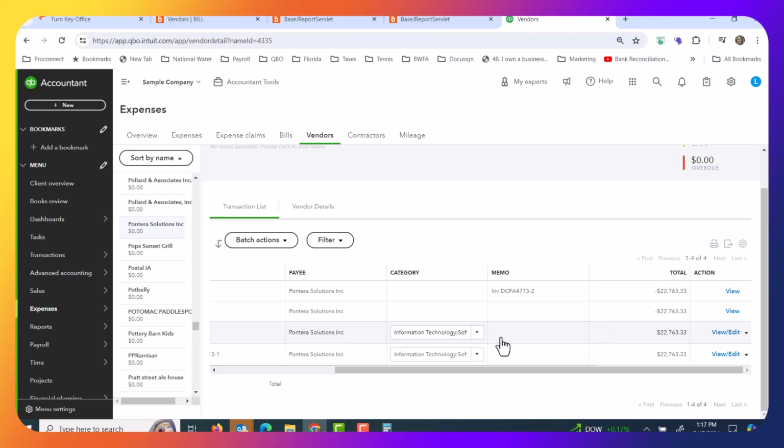The consequence, however, of having duplicate bills and duplicate bill payments is twofold. In accounting, everything is always twofold. Number one, we've significantly overstated expense because we have a duplicate bill in here, so we've doubled the allowable expense for that particular category.